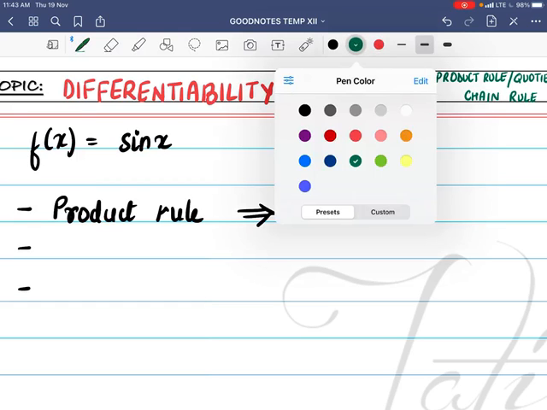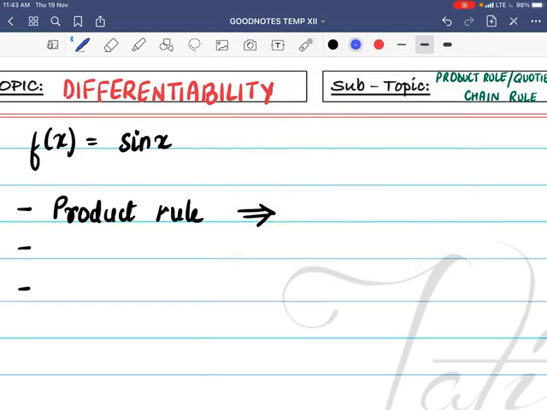For example, let us say I am taking the two functions as u and v. Remember, these two functions are the functions of x only, right? Now the formula will be first function into differentiation of second plus second function into differentiation of first. Now this is how we are going to apply the product rule.